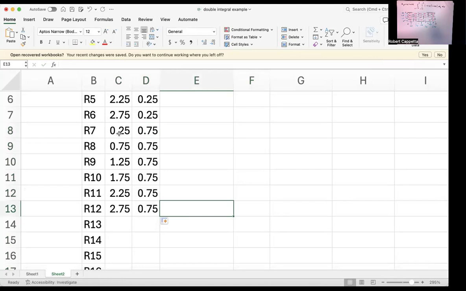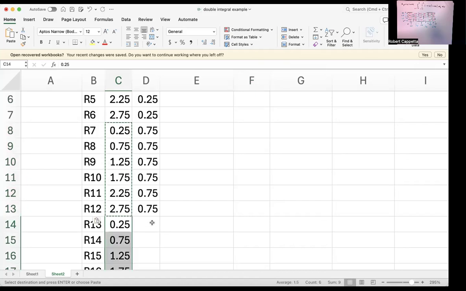And then for the 6 after that, the x values are going to be the same. So the x values being 0.25, 0.75, 1.25, and so on. Put them here. And then the y values this time jump to 1.25.